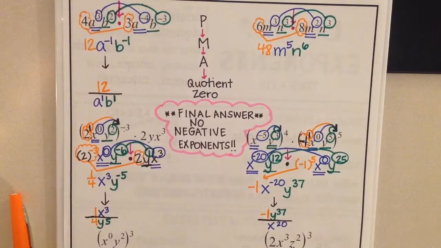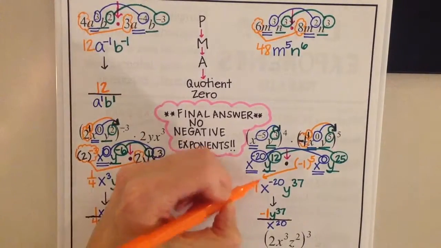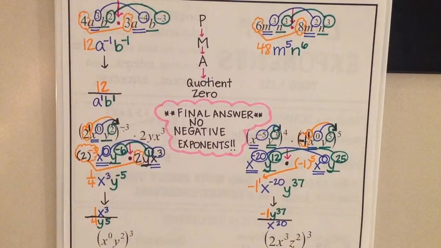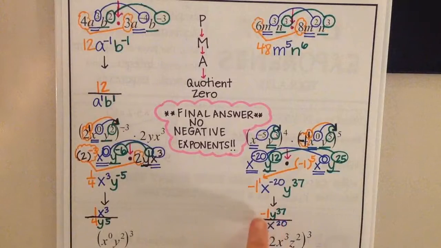If you think about what the exponent is on this 1 now, its exponent is actually a +1. So positive exponents don't move to the denominator, okay? They stay in the numerator. So that's why the -1 is going to stay in the numerator with y to the 37th power. Now remember, on a multiple choice quiz or test, you're not going to see the 1, you're just going to see negative times y to the 37th power. It's going to look like a -y.